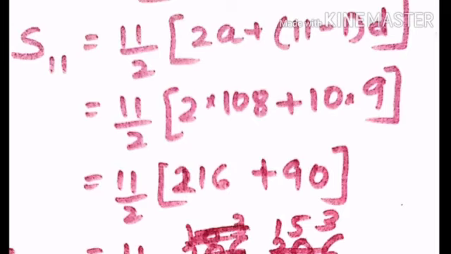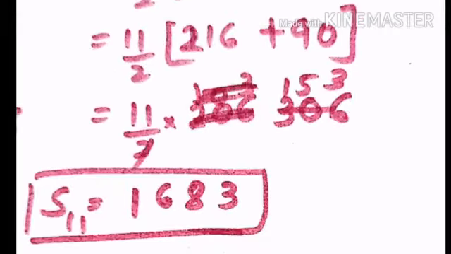So 216 plus 90 gives 306. Now you can see cancellation: 306 divided by 2 is 153. So 11 into 153 is 1683, which is our first answer, the sum of those divisible by 9.